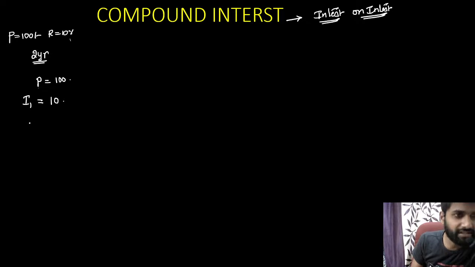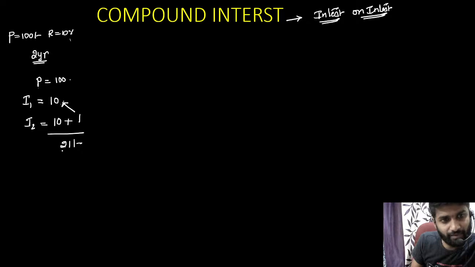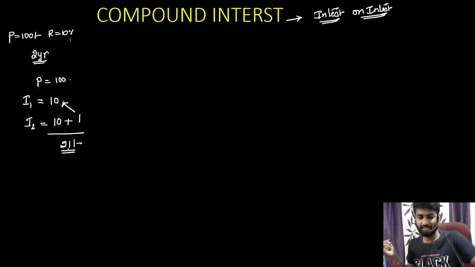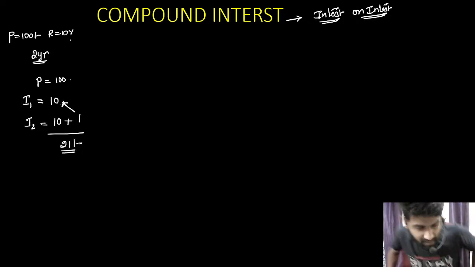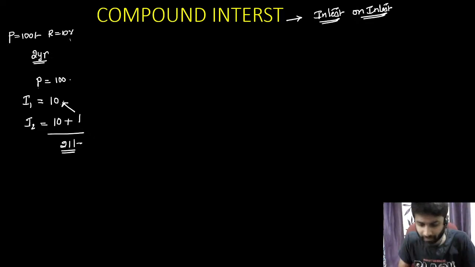But we want 2 years. The second year interest is calculated based on the principal and also on the interest. That's why 10 plus the interest on this amount, the value becomes 1. Now the entire value becomes 21 rupees. Is clear, guys? We always calculate based on principal. From the second year onwards, we need to pay an extra amount on the interest also.